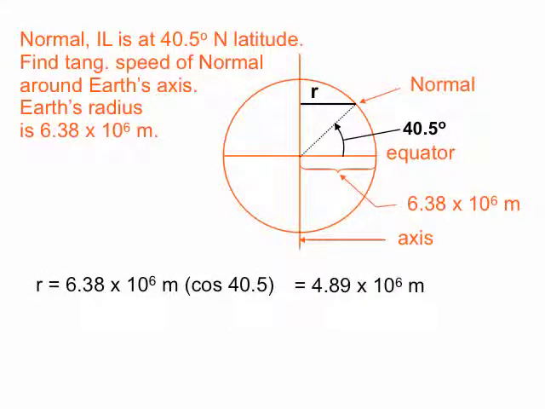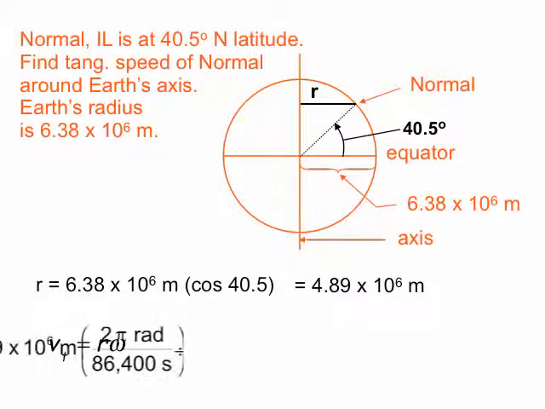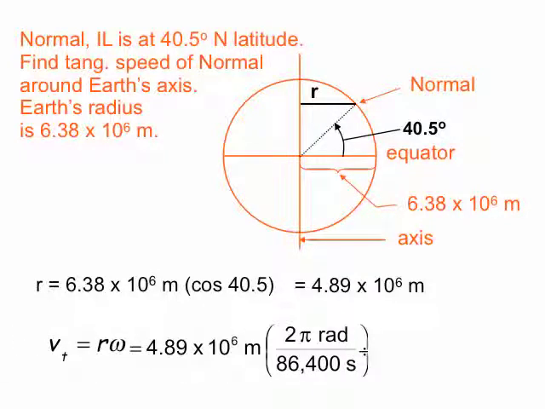So it's a little less, 4.89 times 10 to the 6 meters. We use that in our tangential velocity equation. Again, 86,400 seconds. That is what it takes for Normal to go around once. Right? It's one night, one day. 355 meters per second.